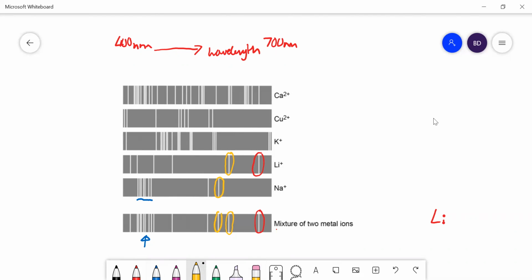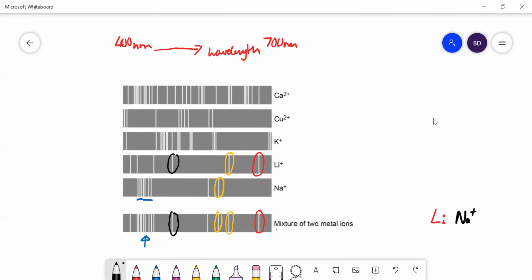And just to confirm, I think this band here would probably be an orange color. That's in the lithium, that's in the mixture. So I think the mixture of the two metal ions is definitely lithium and sodium.